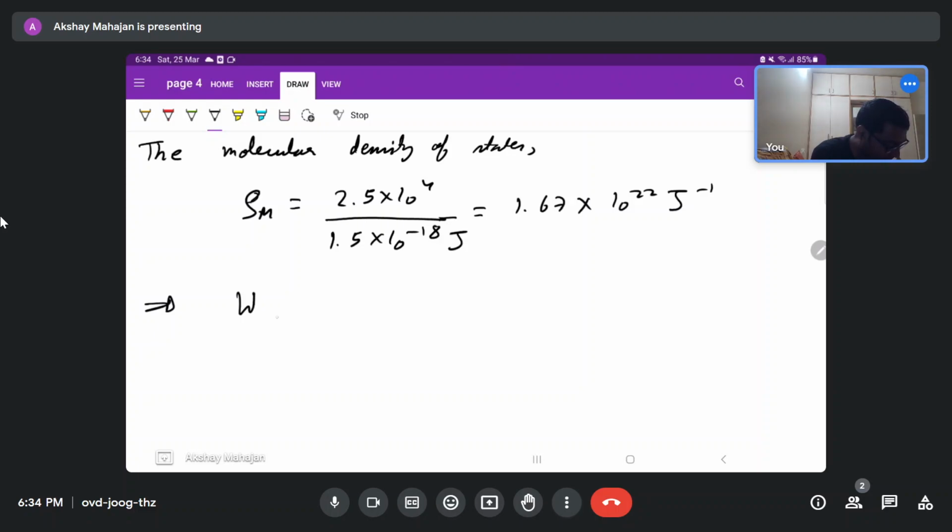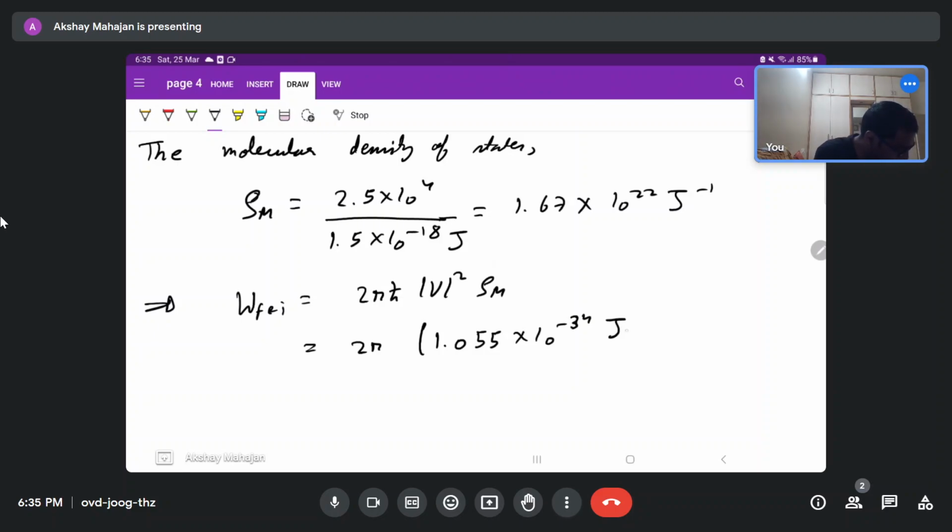So our transition rate going from the initial to the final state is given by the formula 2 pi over h cross, mod of V squared, times rho m. For h cross, the value will be 1.055 times 10 to the power minus 34 joule second.